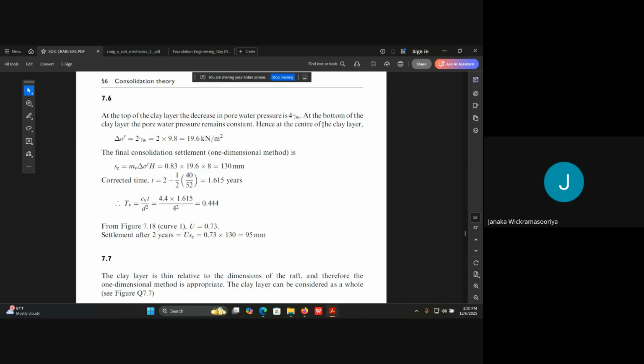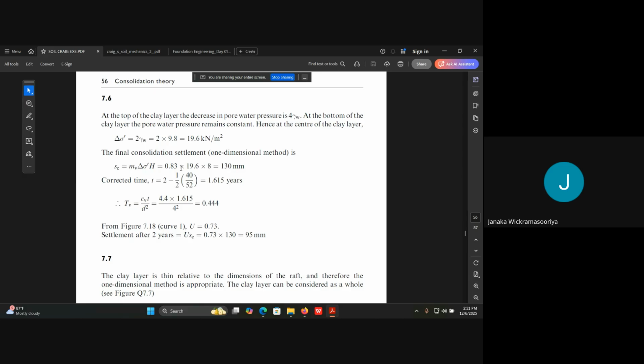So the decrement of the pore water pressure will be this one. At the bottom of the clay layer, the pore water pressure remains constant. So the average difference would be this plus 0 divided by 2, that is 2 times gamma w. So delta sigma value will be 19.6, and the final consolidation settlement would be mv delta sigma h.